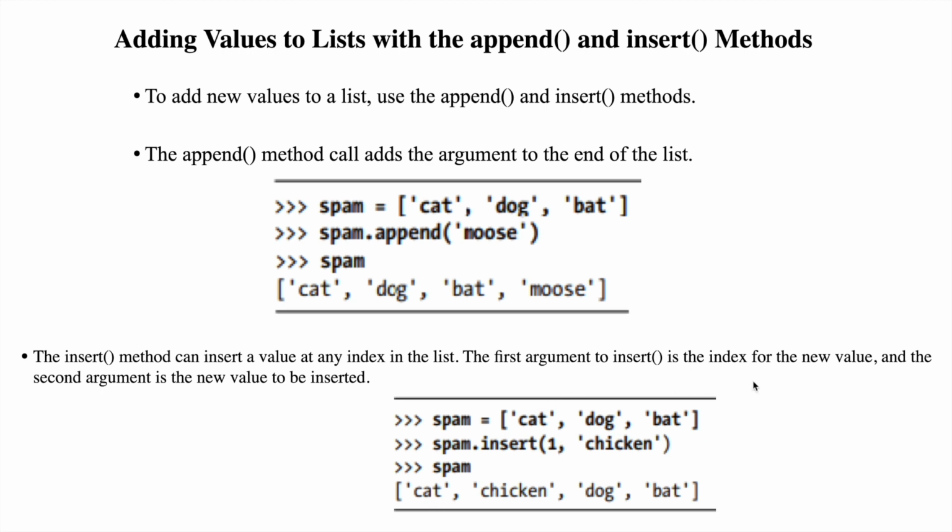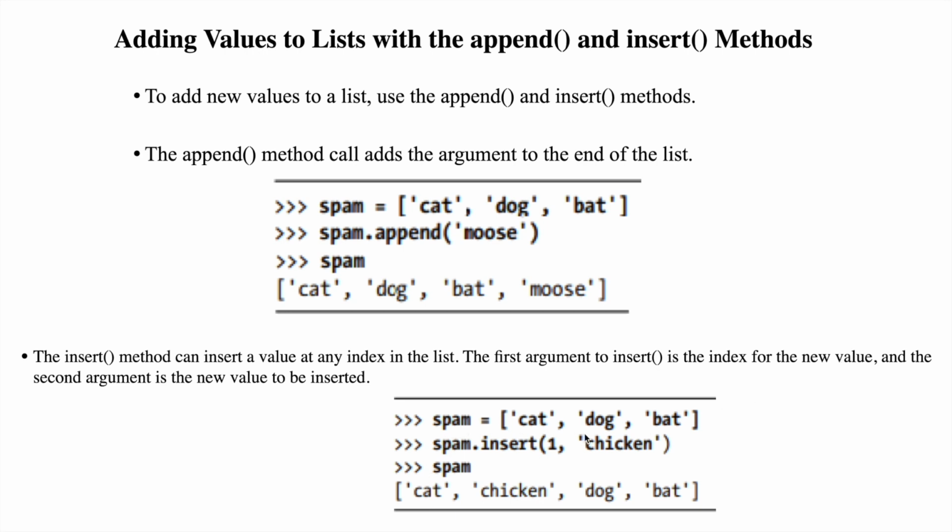The first argument is where we have to insert, and the second argument is what value we have to insert. We will see the example.